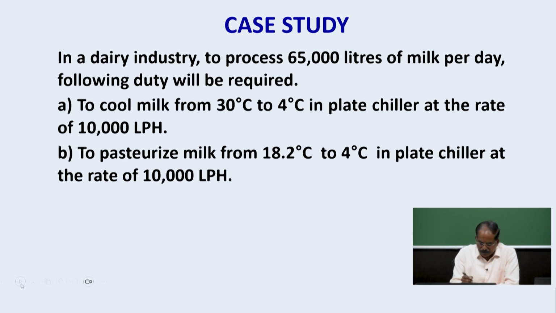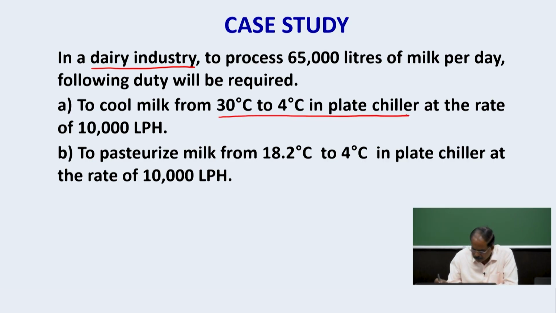So in a dairy industry, to process 65,000 liters of milk per day, the following duty will be required. To cool milk from 30 degrees centigrade to 4 degrees centigrade in a plate chiller at the rate of 10,000 liters per hour.